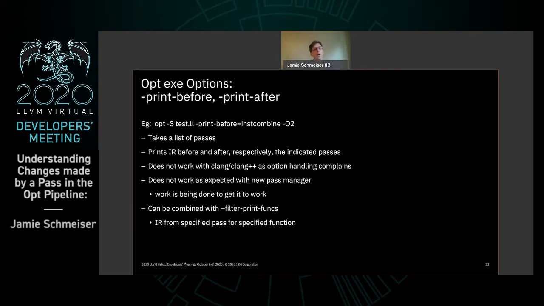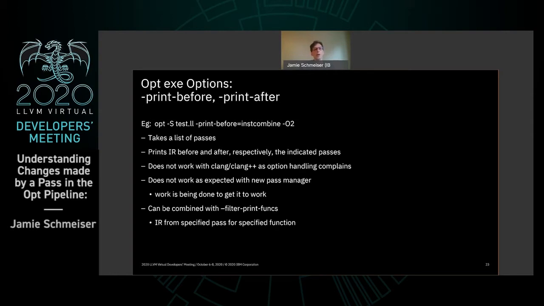The print before and print after options take a list of passes, and the IR is only printed appropriately for those passes. This works with the opt executable using the legacy pass manager, but does not appear to work with Clang or Clang++, as the option processing complains about the option.